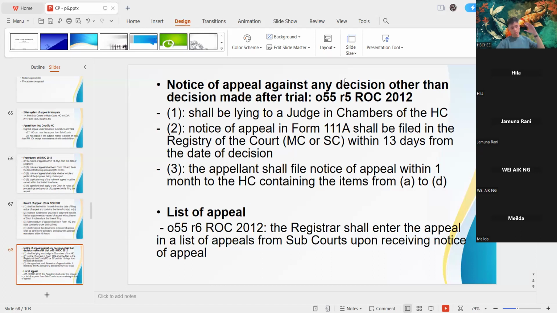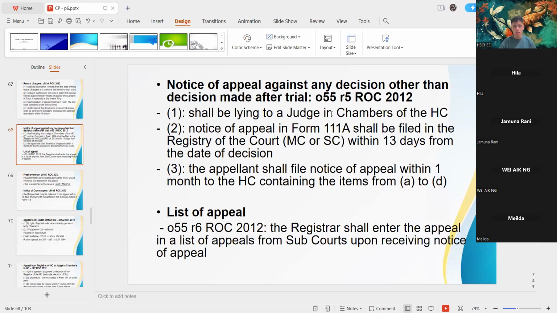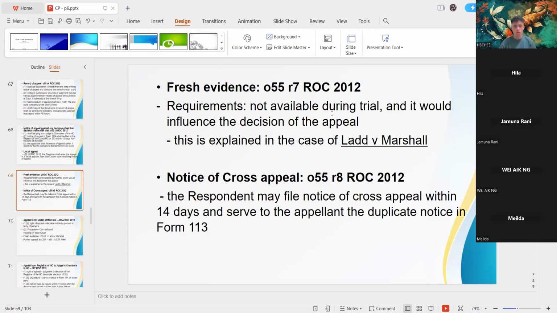We will see this kind of situation: the judge already gave you a judgment, but you are not challenging the decision, you are challenging the findings of fact and other things. This is how Order 55 applies. And then fresh evidence is quite commonly asked in the question.